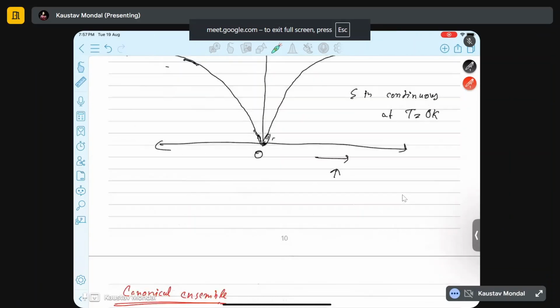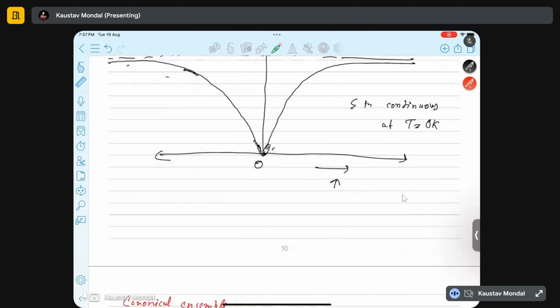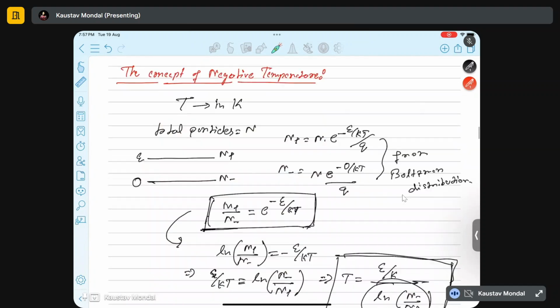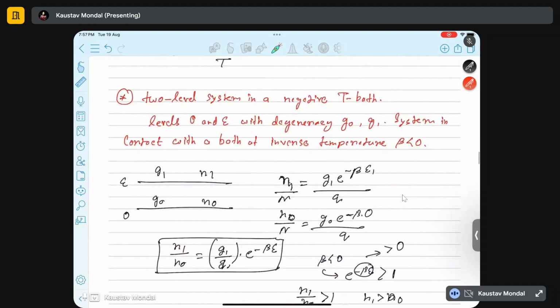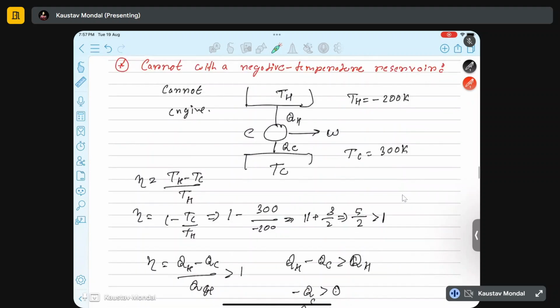So now we come to the end of today's tutorial. Today we started with negative temperature. What is the concept of negative temperature? And from there we saw some problems on how negative temperature affects the thermodynamic properties and the distribution of particles in the system.